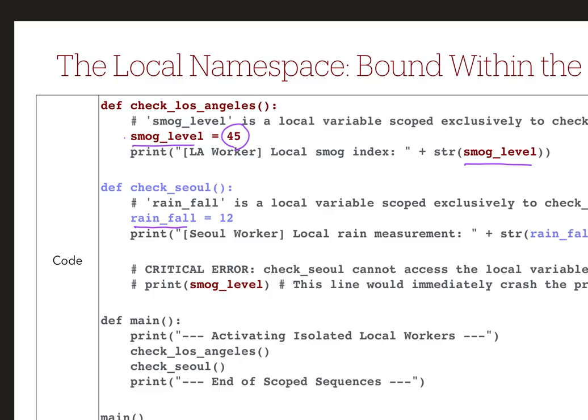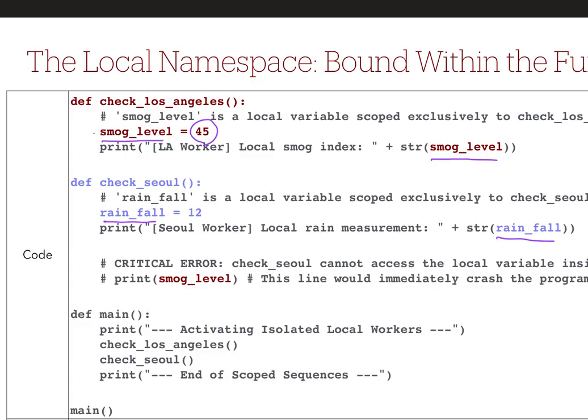In case of the rainfall variable, it is defined within this check Seoul function. So if I use that variable within that function, that is fine. But the problem occurs if I try to access, for example, this smoke level variable in the check Seoul function, because this smoke level variable is accessible only within the check Los Angeles function.